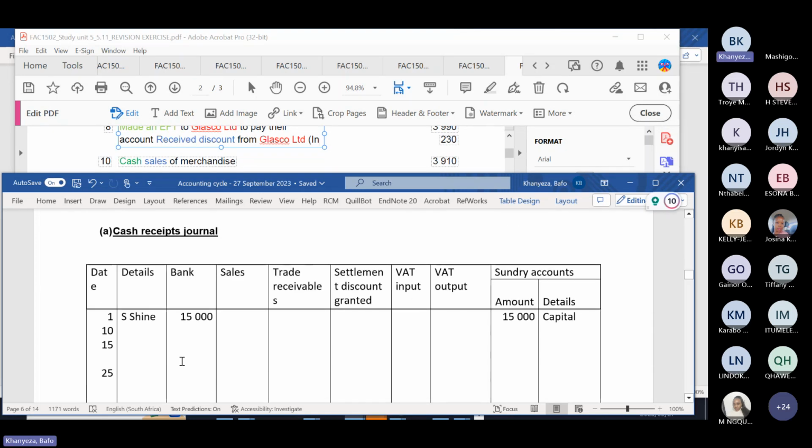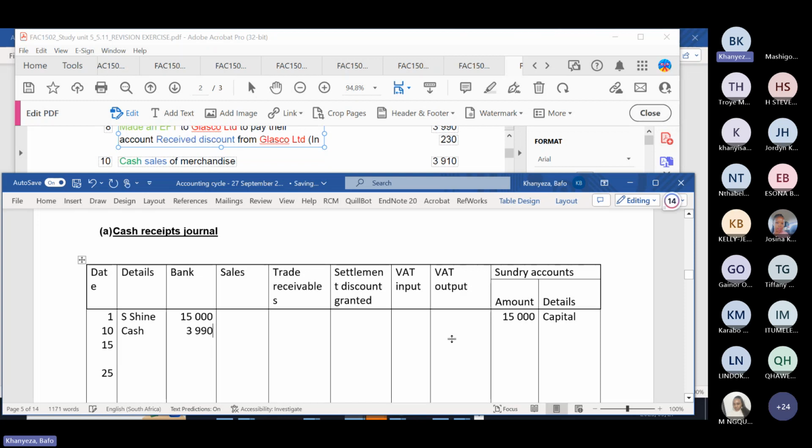Cash sales. It's a cash receipt on the 10th. So if it's a cash receipt, cash sales of 3,990. I'm not going to calculate these amounts. We've calculated this, so you will calculate, otherwise we won't finish. The money that came to the bank is 3,990.